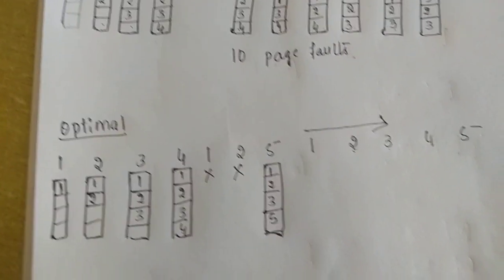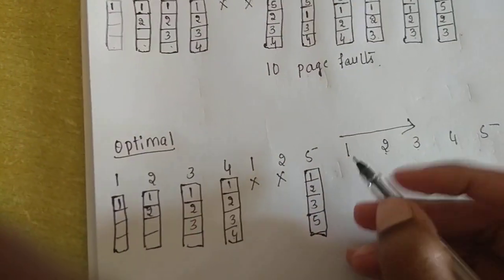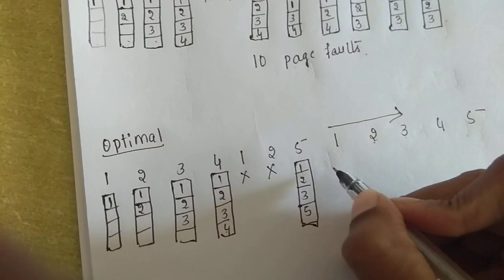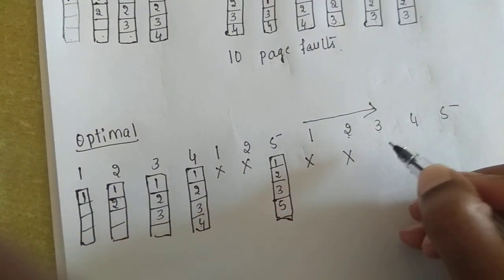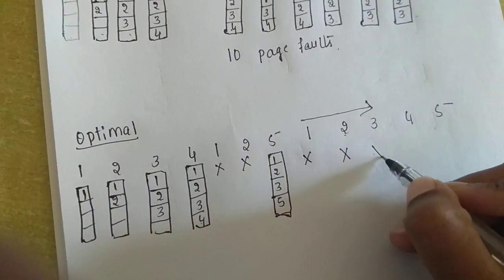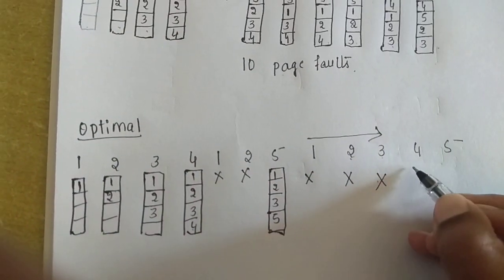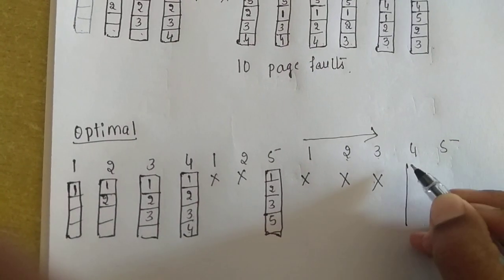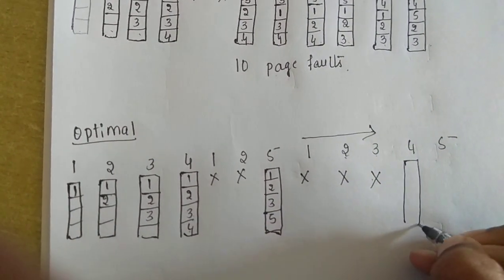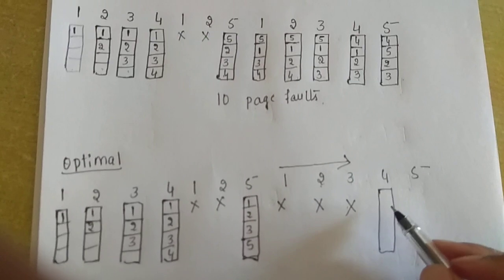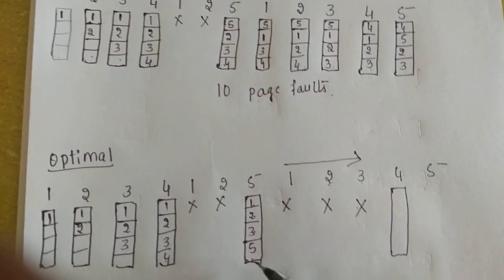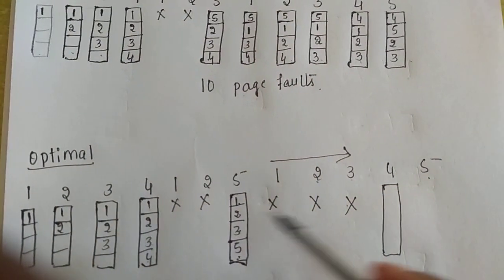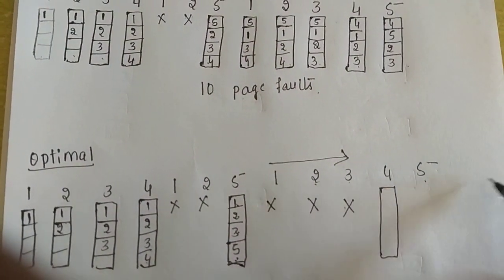Next element I need to insert is 1, but it's already in the frame, so no need. Again 2, it's already there, no need. 3 also there, no need. We need 4 here, so I'm writing a box. Whom to consider? 1, 2, 3, 5. 5 is there in the list, but 1, 2, 3 are not at all there.